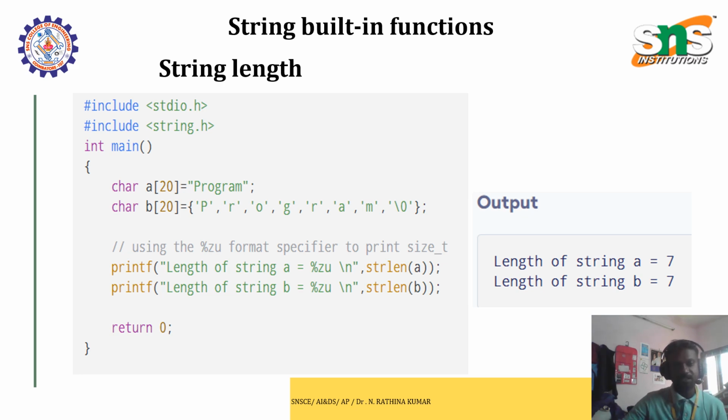Inside the main function, we have declared two character arrays. The first array contains the word program. The second array contains the same word, but initialized in a different way. These are two different methods to initialize a string in an array.